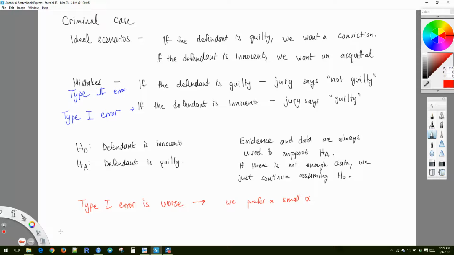So a 0 alpha would lead to no convictions, okay? No type 1 error, but lots of type 2 error.